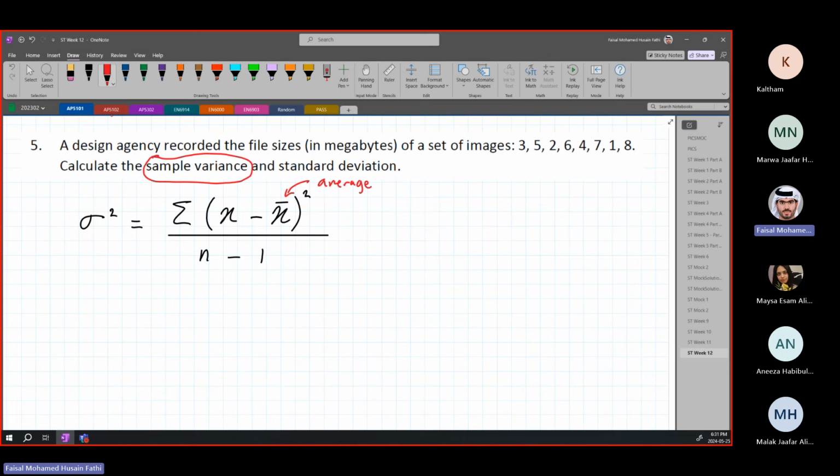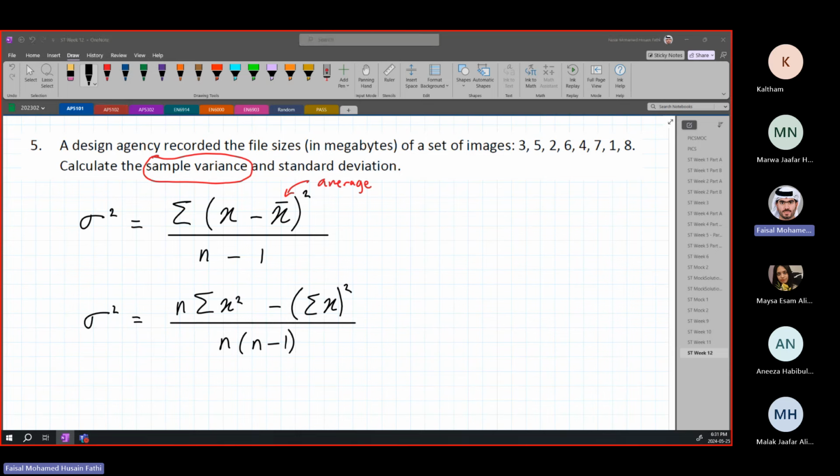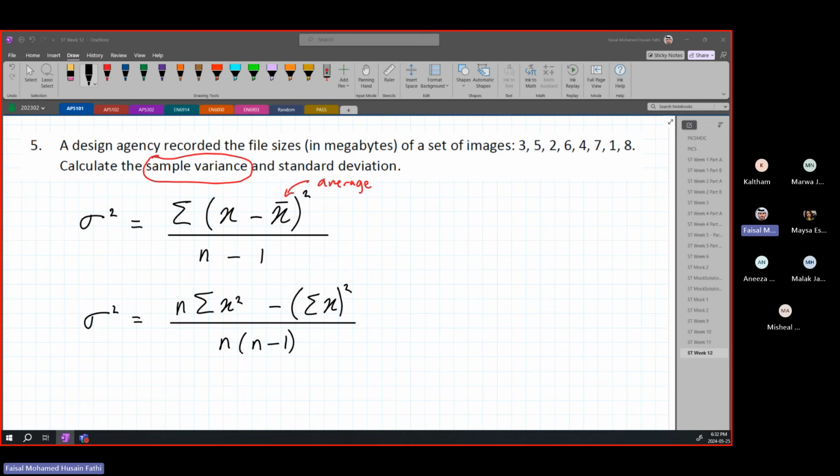The simplified form, which I recommend using, is you're going to have n first, then sigma, n sigma x squared minus sigma x all squared, all over n into n minus 1. Okay, this is the more simplified version of this formula. All right, again, we're just talking about variance. When we want to find standard deviation, we just find the square root, very straightforward.